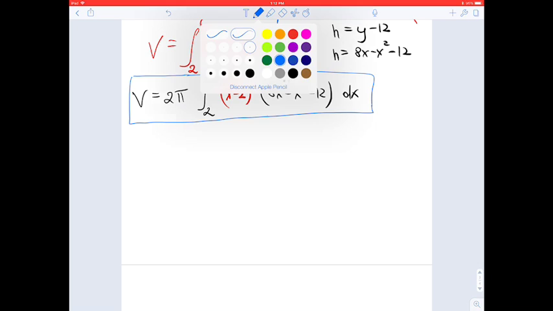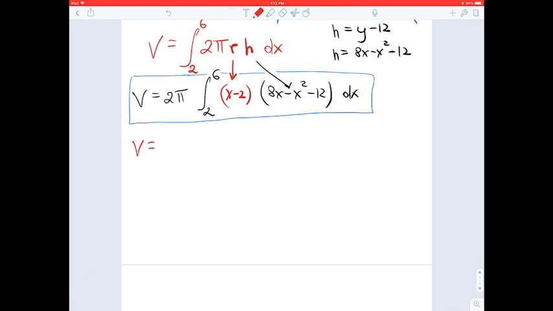That means let's start the integration. 2 pi integral from 2 to 6. First of all, I will distribute everything. x times 8x is 8x squared, x times negative x squared is negative x cubed, x times negative 12 is negative 12x. Now negative 2 times 8x is negative 16x, and then negative 2 times negative x squared is positive 2x squared, and positive 24.